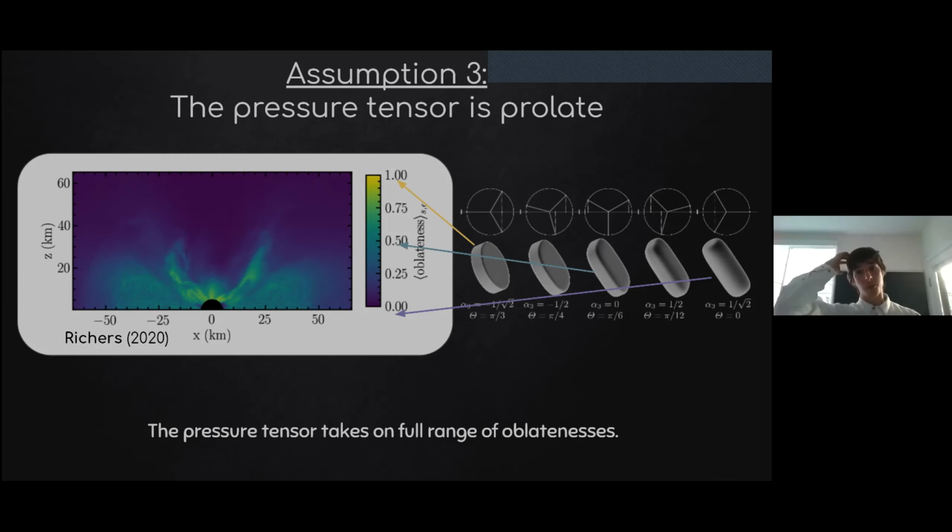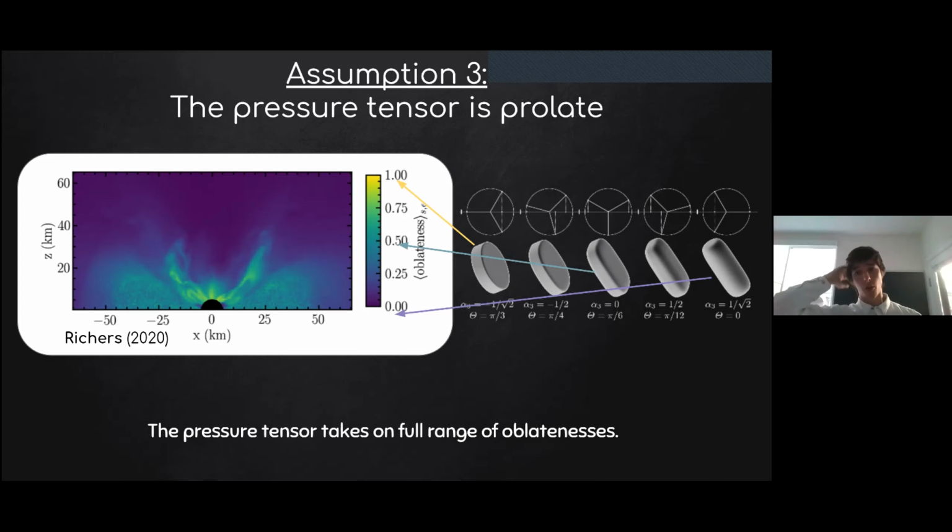The third assumption is that the pressure tensor is prolate. Going back to this picture of the radiation field as a spheroid, if it's prolate, the pressure in one direction is larger than the pressure in the other directions, and if it's oblate, the pressure in one direction is smaller. All of these closures assume that the pressure tensor is prolate, which would mean that if those assumptions were true, this entire block would just be pure purple.